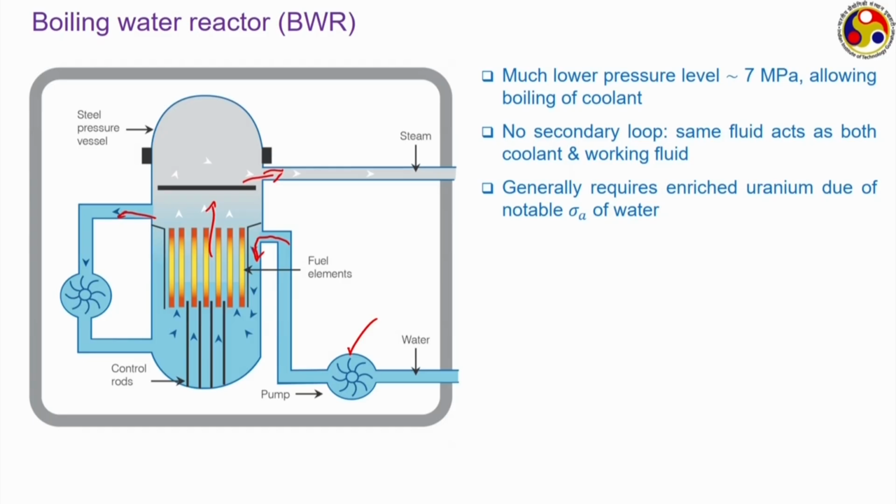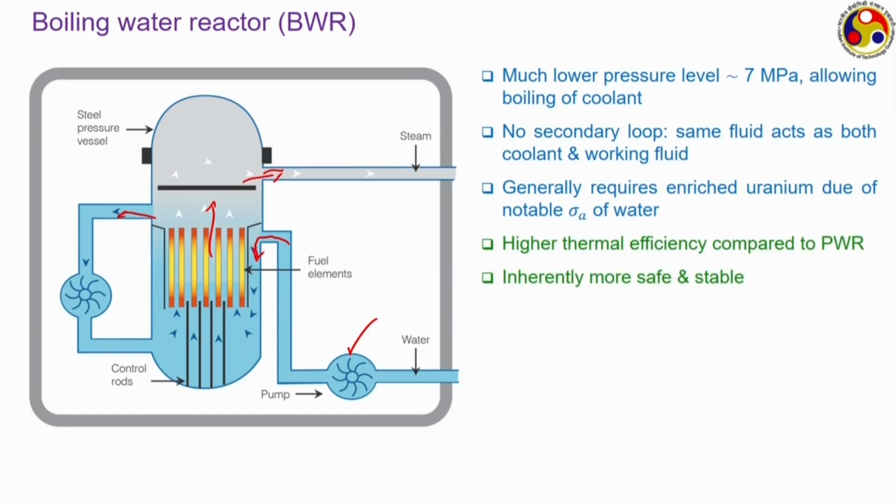This boiling water reactor generally uses enriched uranium for two reasons. Firstly, the water that we are using has a little bit of absorption cross section, which may be small compared to several other isotopes, but still if we use natural uranium, then we shall find it very difficult to reach criticality. It also generally gives higher thermal efficiency compared to PWRs.